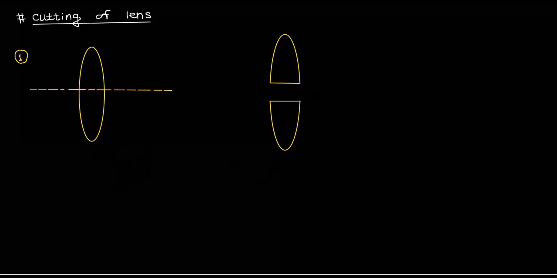Then in this case, for this also the focal length will be f, and for this also it will be f, because R1 and R2 will remain the same. Here this is R1 and this one is R2. Here also this is R1 and this one is R2.